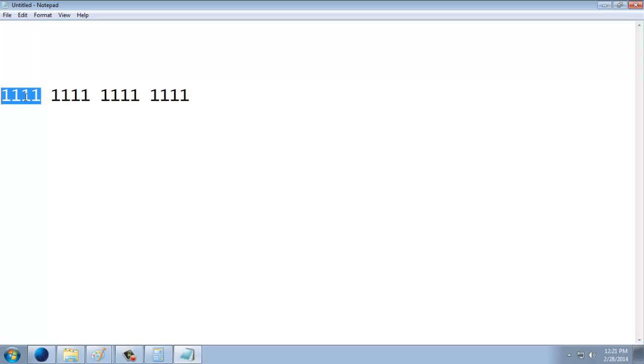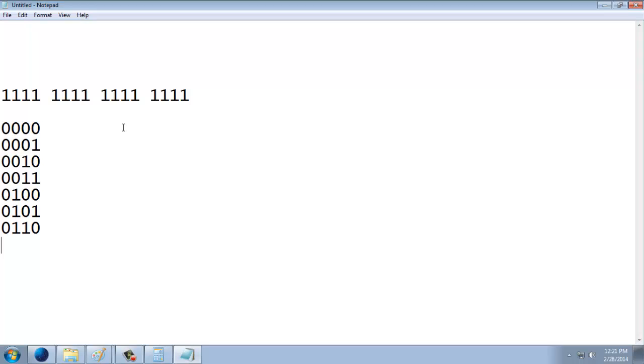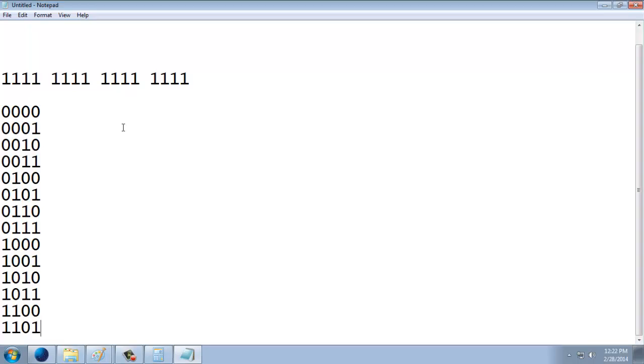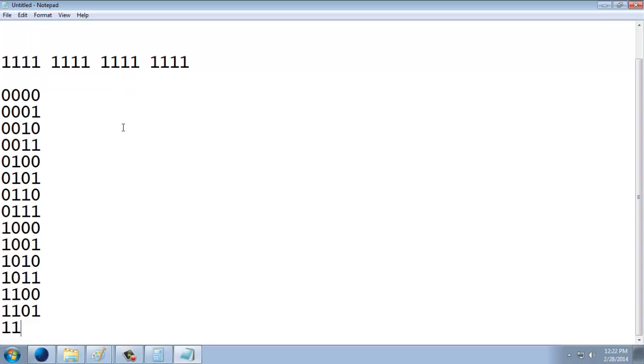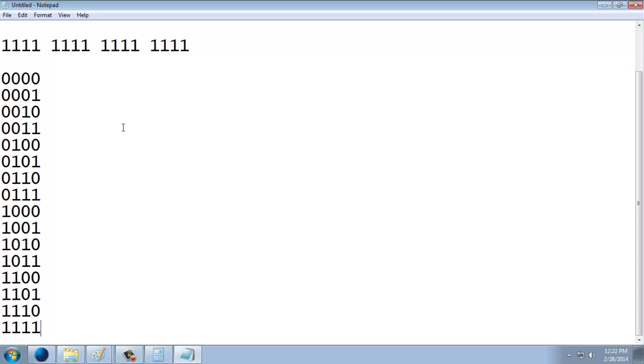And how many combinations of numbers can you make from a 4-bit binary number? 0 0 0 0, 0 0 0 1, 0 0 1 0, 0 0 1 1, 0 1 0 0, 0 1 0 1, 0 1 1 0, 0 1 1 1, 1 0 0 0, 1 0 0 1, 1 0 1 0, 1 0 1 1, 1 1 0 0, 1 1 0 1, 1 1 1 0, 1 1 1 1, right? This many combinations of numbers you can make from a 4-bit binary number.